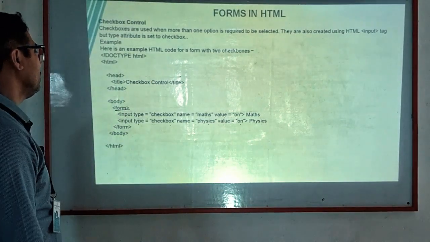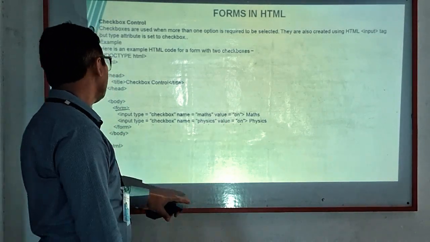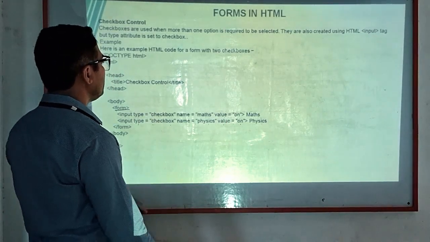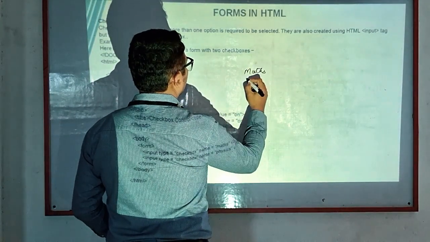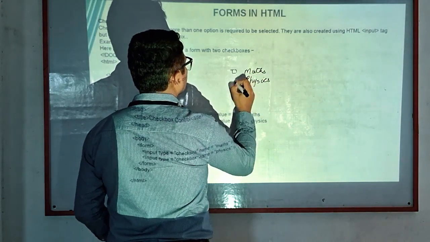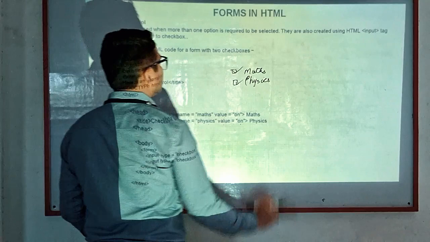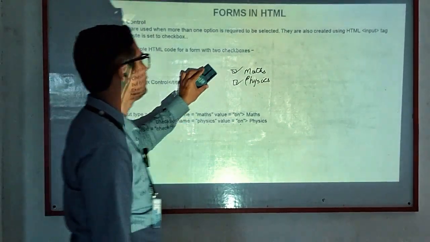Okay. So when we show this, there will be two boxes, maths and physics, and both will be checked. This is the way it will be presented.